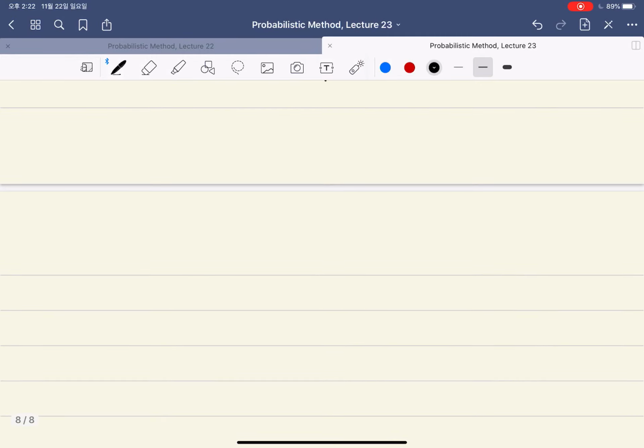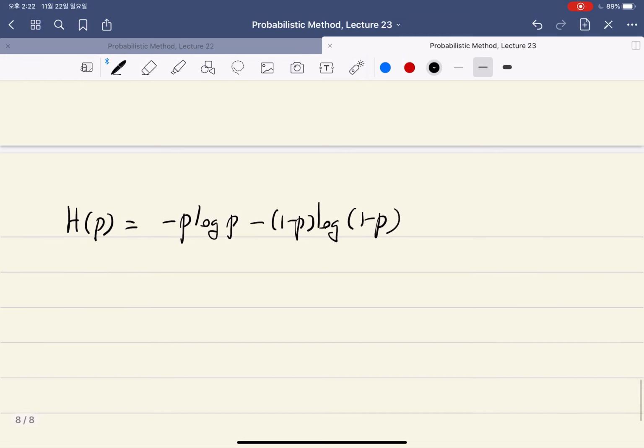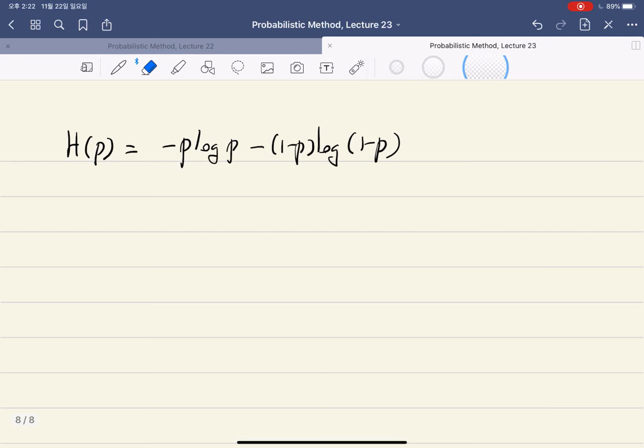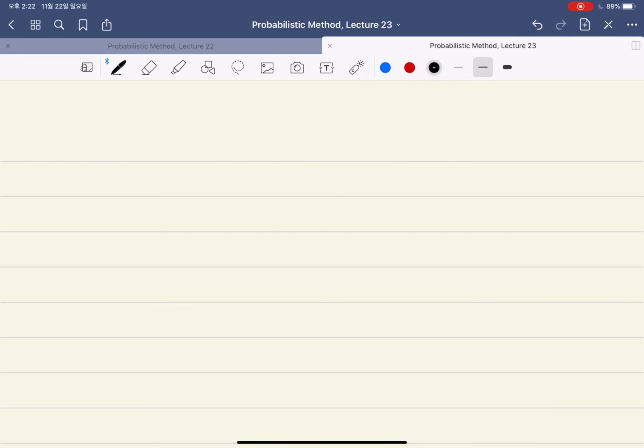the definition of entropy. Before, we defined this for a given real number p. But more generally, we want to define the entropy of a given random variable. Let's say a discrete random variable.